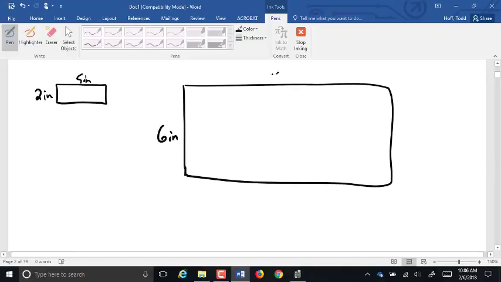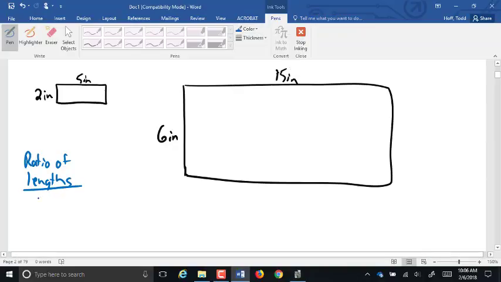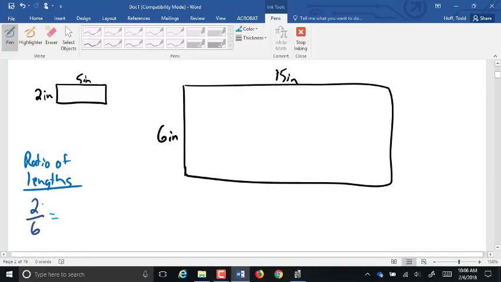What's this side up here going to become? 15 inches. So we have a ratio of lengths here. That ratio of lengths is 2 becomes 6 or 5 becomes 15, either way. And we're going to reduce it, both divided by 2, to get a 1 to 3 ratio of lengths.